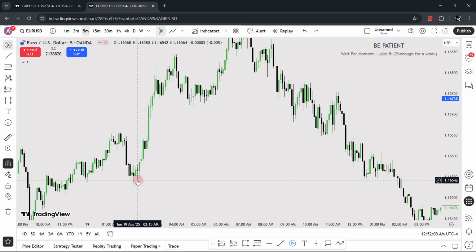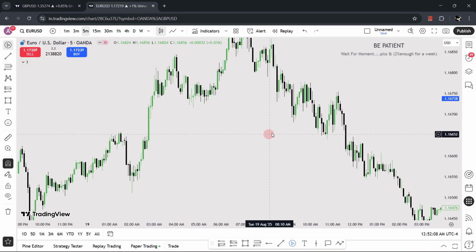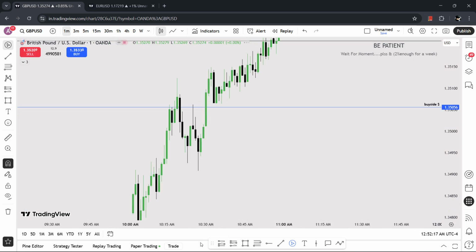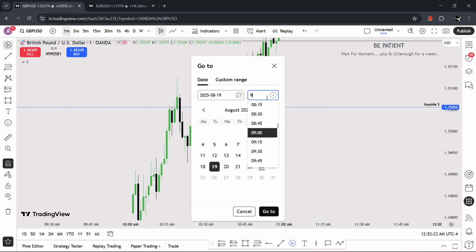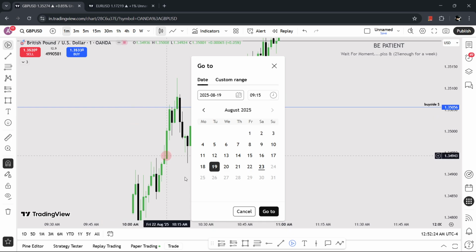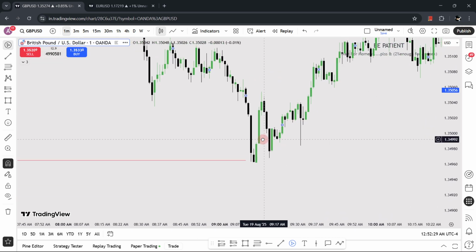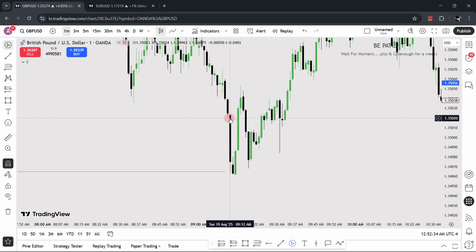Okay, so this was not taken at 9:10. At 9:10, we are only here. So it again created an SMT with respect to it. When GU started to go up, when this was taken up here, we have this huge fair value gap up here.